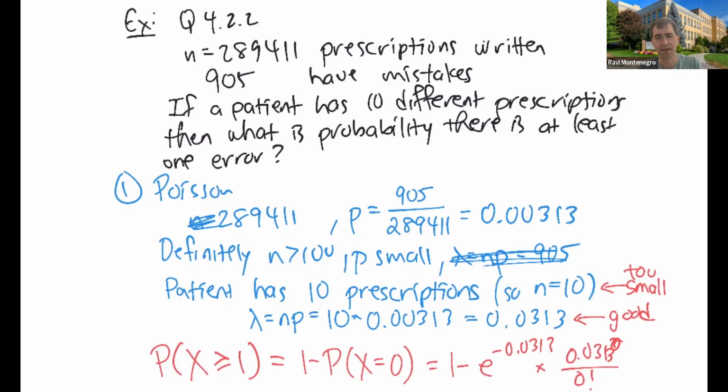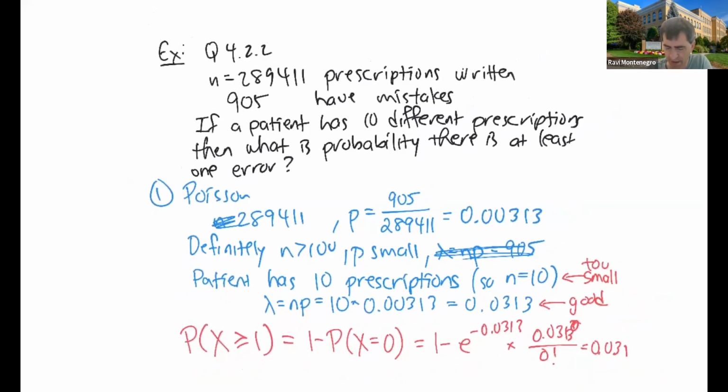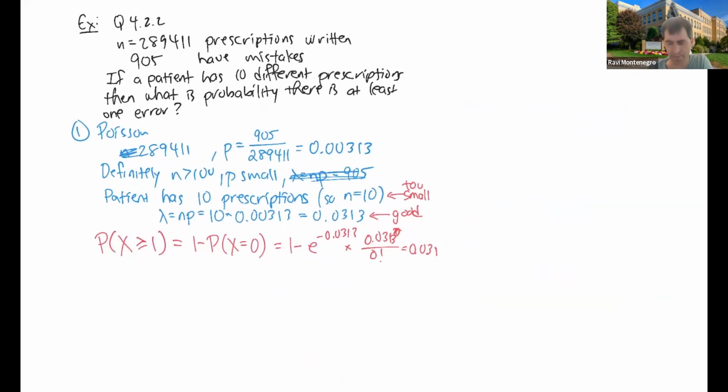So I'll plug that in, and I get 0.031. So that's the Poisson answer. And then we'll use the binomial to find out if this was good.